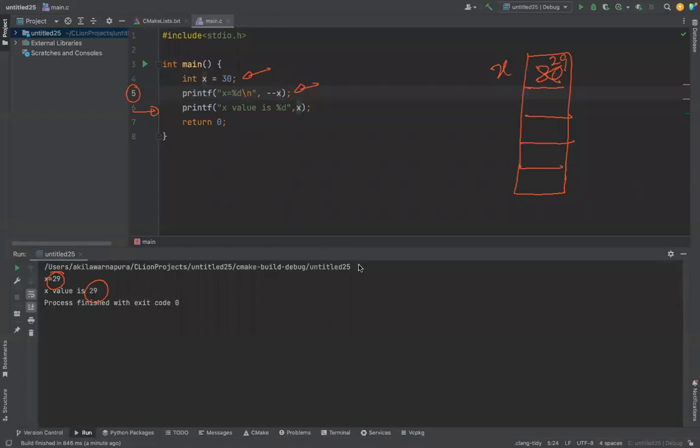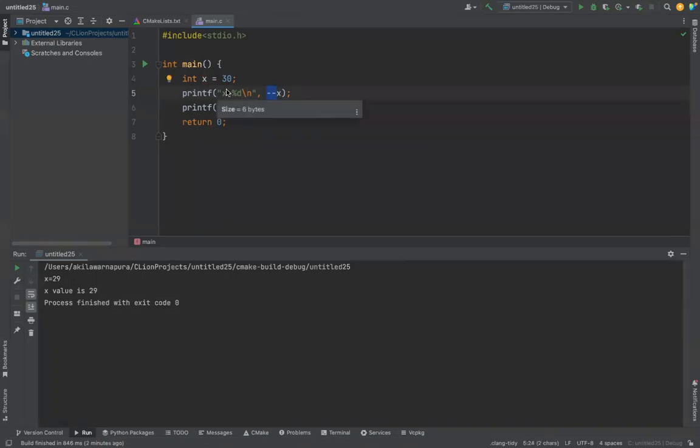Okay. Now I think you guys have a proper idea of the decrement and increment operator. Okay, whether it is decrement or increment, there are two parts. What are the two parts? Prefix and the postfix. Prefix means decrement or increment should be done first.